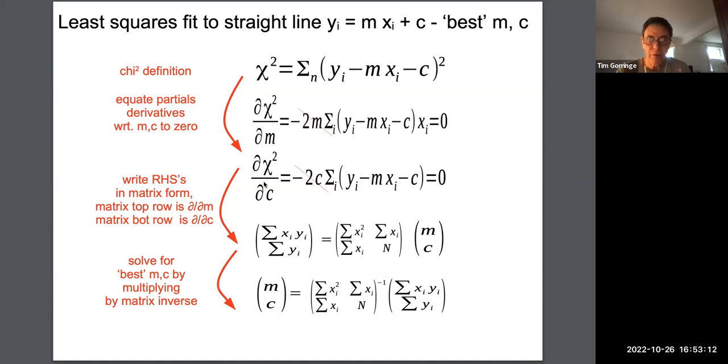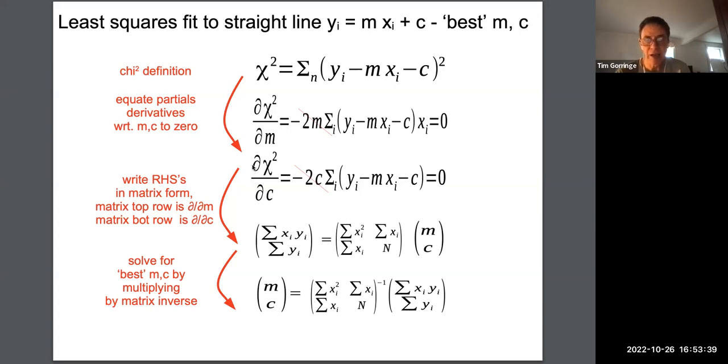And so the first thing in the derivation I do is take the partial derivative of the chi-squared with respect to M. And so I just differentiate this quantity with respect to M here inside the square. And then I do the same thing for the chi-squared with respect to C.